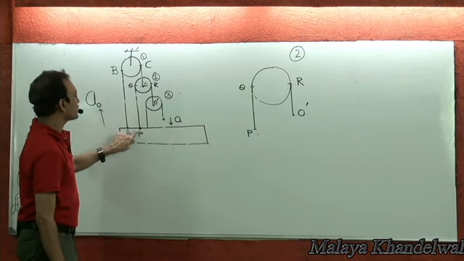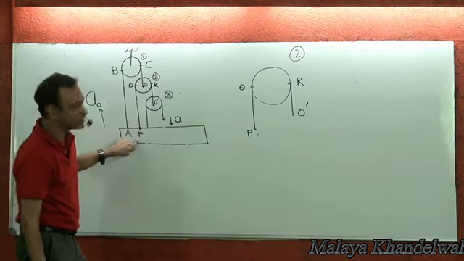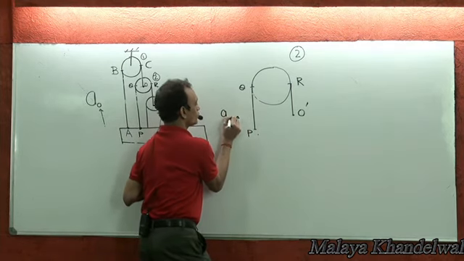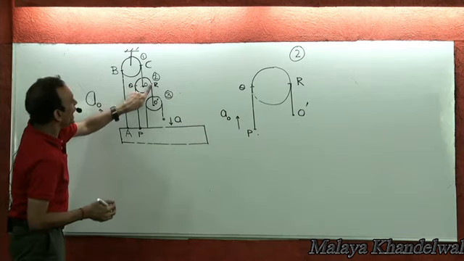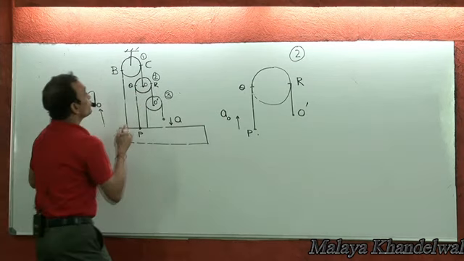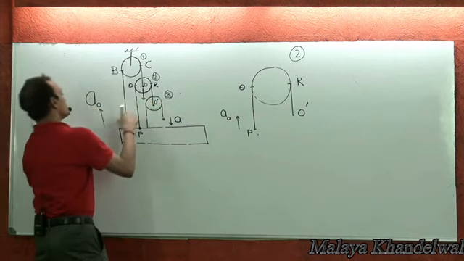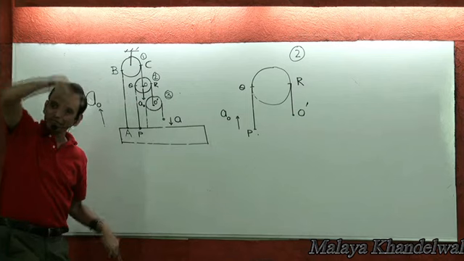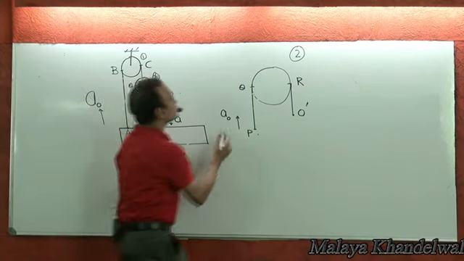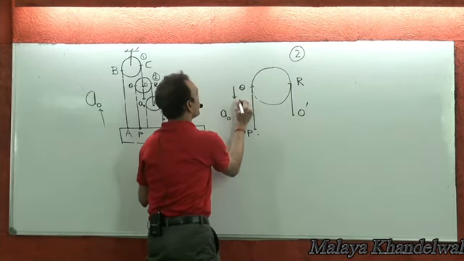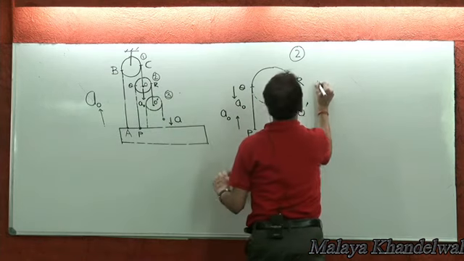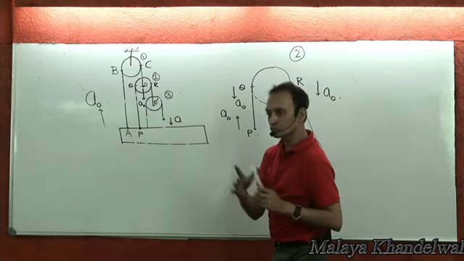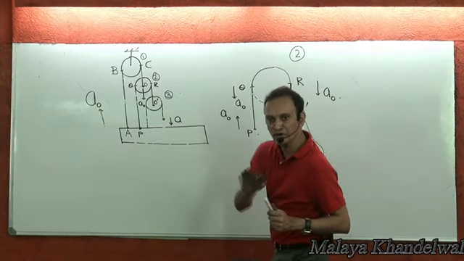P has an upward acceleration A0 because it is integral with the block. Q and R are integral with this pulley, so if O has a downward acceleration A0, then Q and R will also have downward accelerations A0, right? Yes or no? Shall I repeat, or are you okay with this? Perfectly all right?